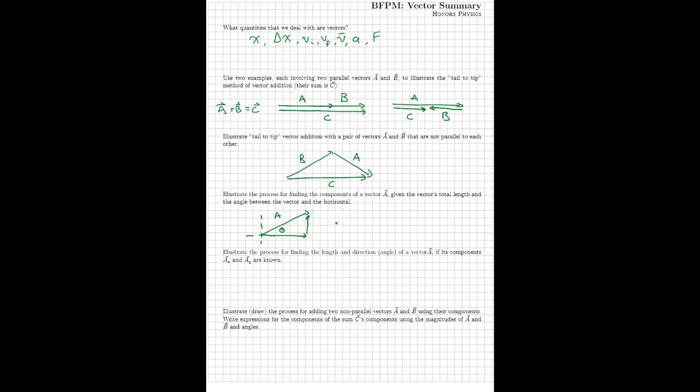The cosine of the angle is the adjacent side, which is this one, divided by the hypotenuse, so I can solve for the adjacent side, figure out that it's a cosine theta. And similarly for sine, the opposite over the hypotenuse. So I solve and I get a sine theta. If you're breaking vector f up into components, you'll have f sine theta and f cosine theta.